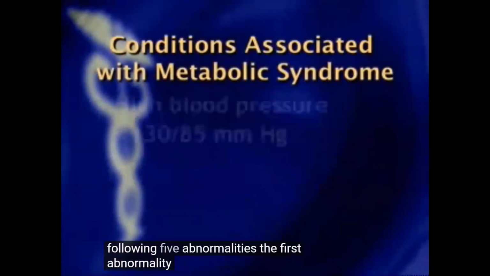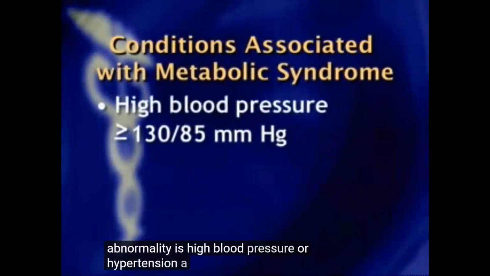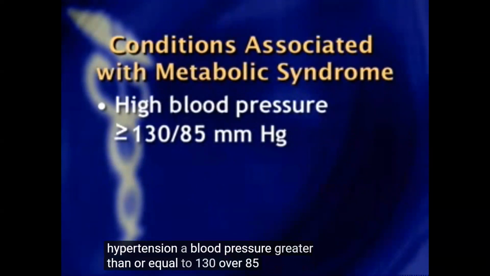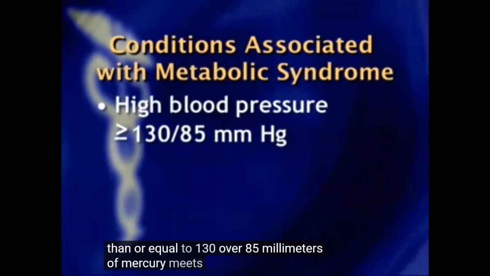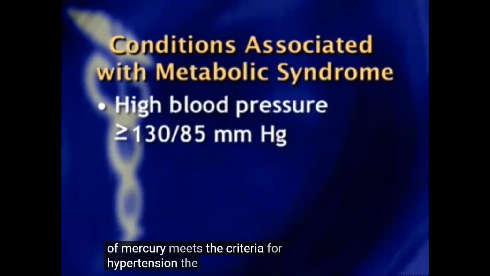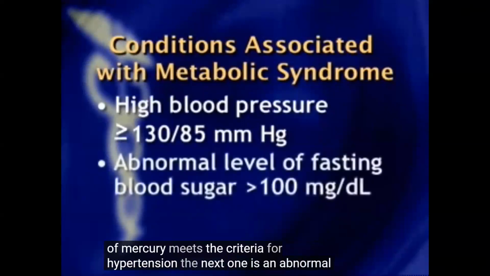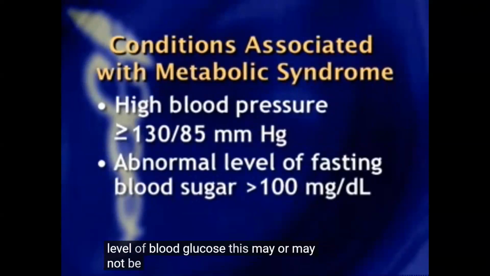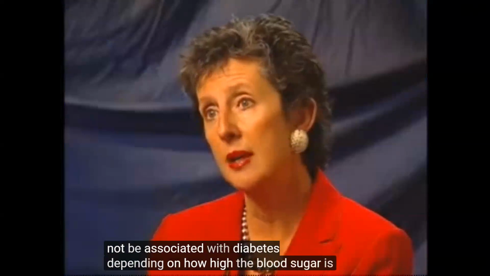The first abnormality is high blood pressure or hypertension. A blood pressure greater than or equal to 130 over 85 millimeters of mercury meets the criteria for hypertension. The next one is an abnormal level of blood glucose. This may or may not be associated with diabetes, depending on how high the blood sugar is.